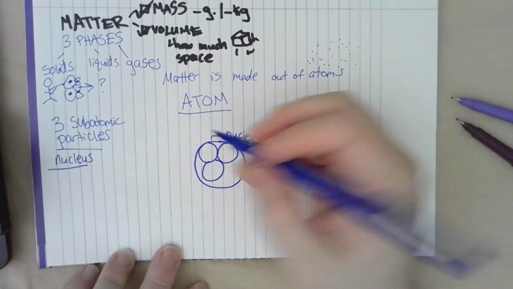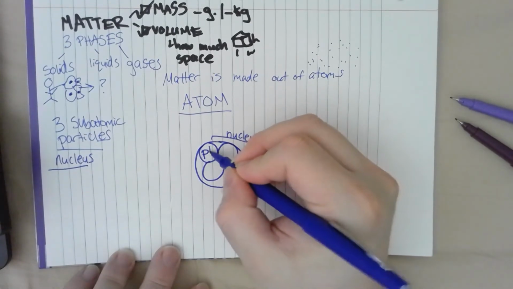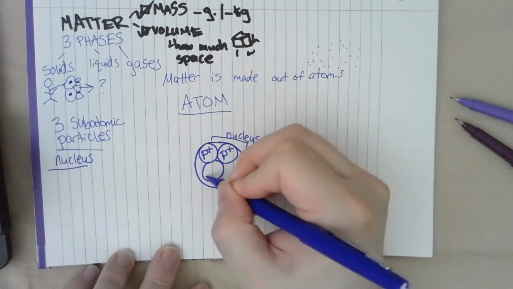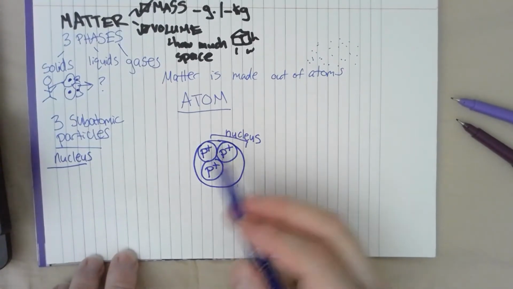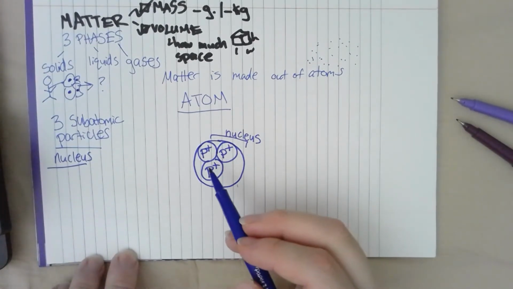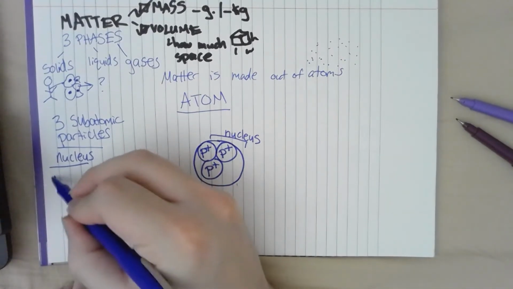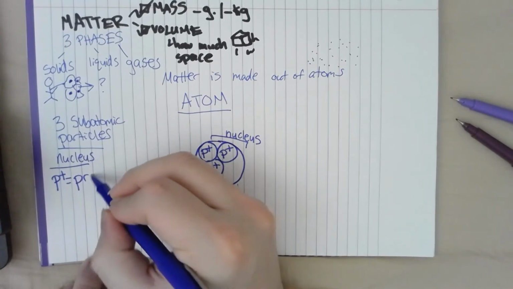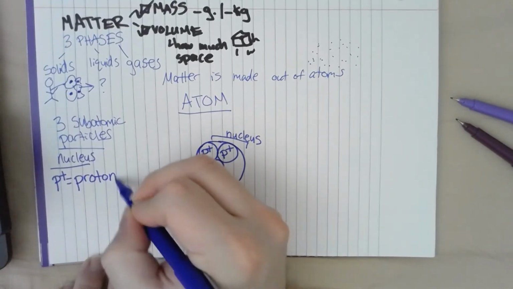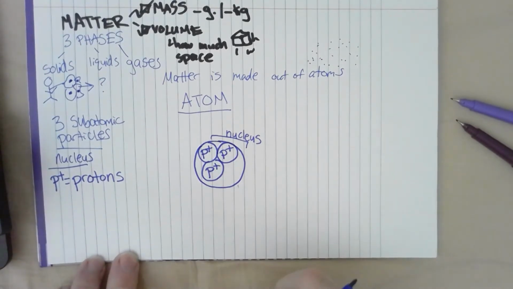Inside these circles, I'm going to draw a P plus, P plus, P plus. So inside the nucleus of this atom, I have P plus. This means protons. So here I have 3 protons.